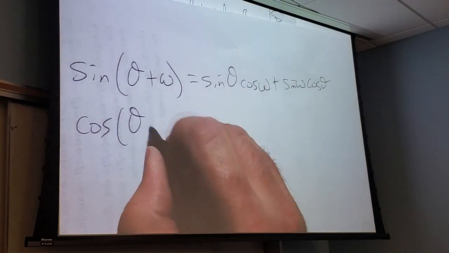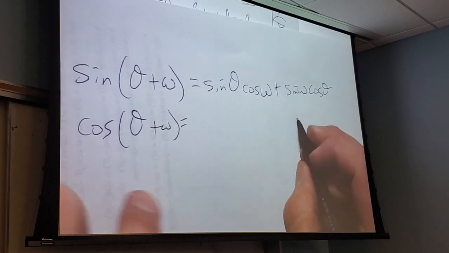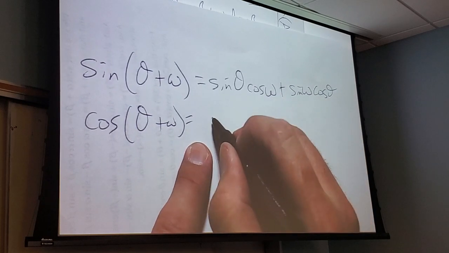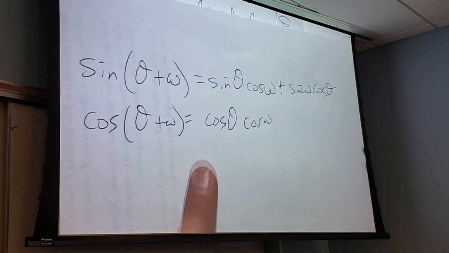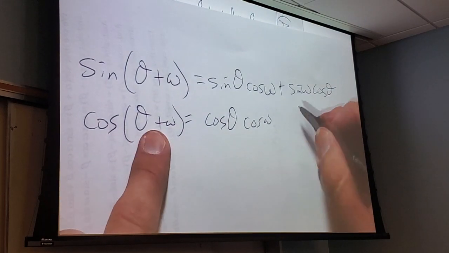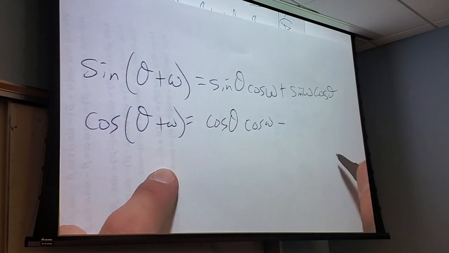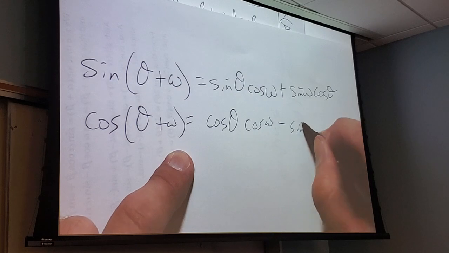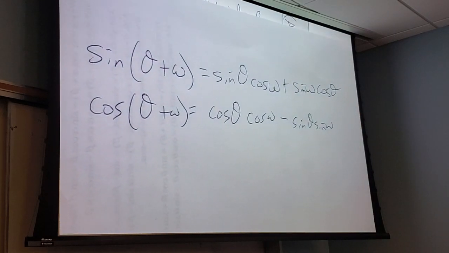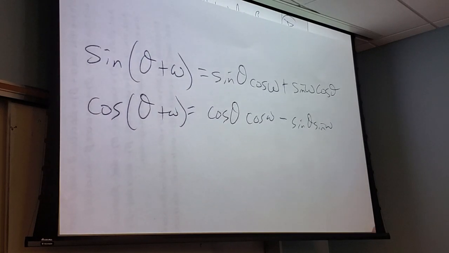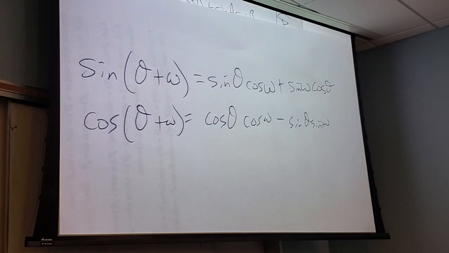Cosine of theta plus omega. What would that be? Cosine theta, cosine omega. It's like me. You got a plus? Screw you. And then sine, now you do it, sine. I'm all done. You go ahead and do your thing. I'm cool. Okay. And again, we didn't just make that up out of nowhere. We didn't just go, oh, that sounds good, let's make it equal to that. No, it actually came from how they interact.